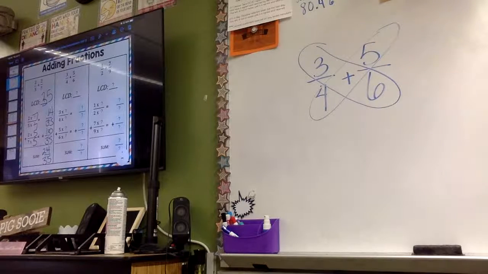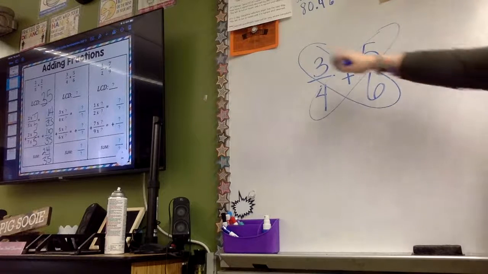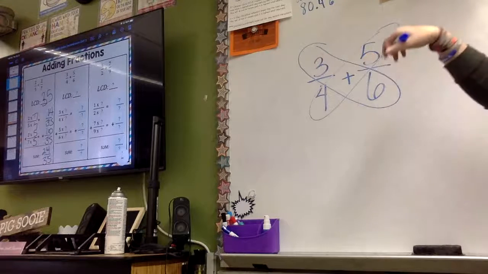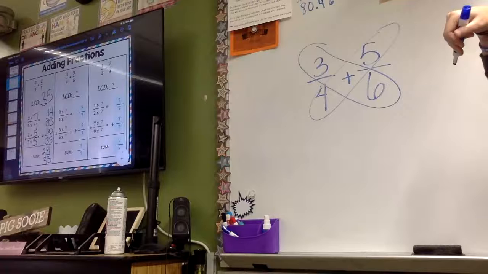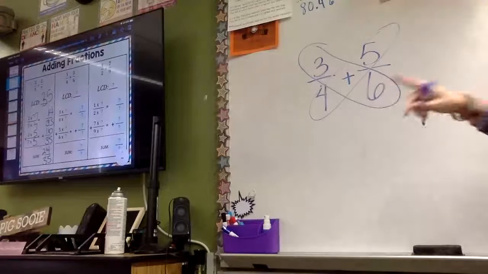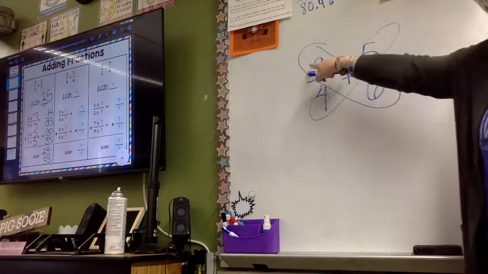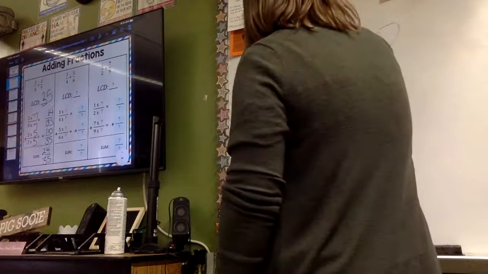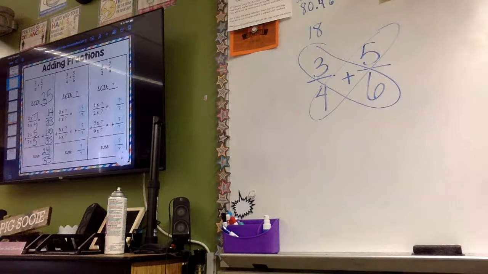Okay. Now, I circled those for a reason. When I circle those, they're called, well, they are wings, yes, but okay. You're going to cross multiply. Okay, that means you are multiplying across. So you are multiplying 6 and 3, which gives me what? 18. I'm going to write that number right there.